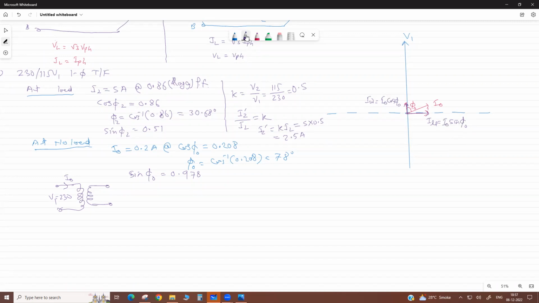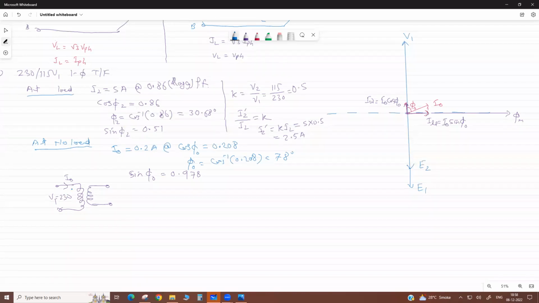Now this current is the magnetizing current. It produces the flux, the magnetizing flux phi. Then it induces the EMF in primary and secondary. So this is your no load voltage, suppose E1 and E2.